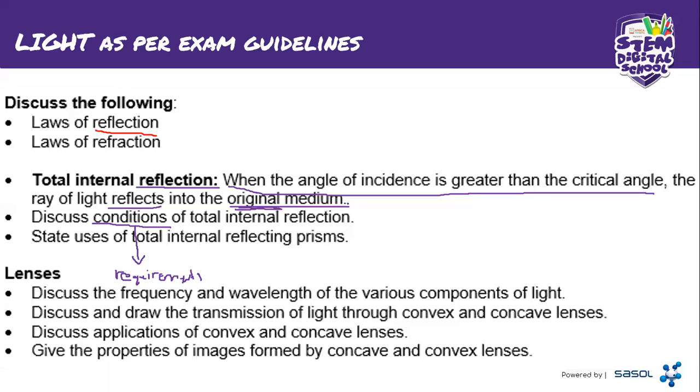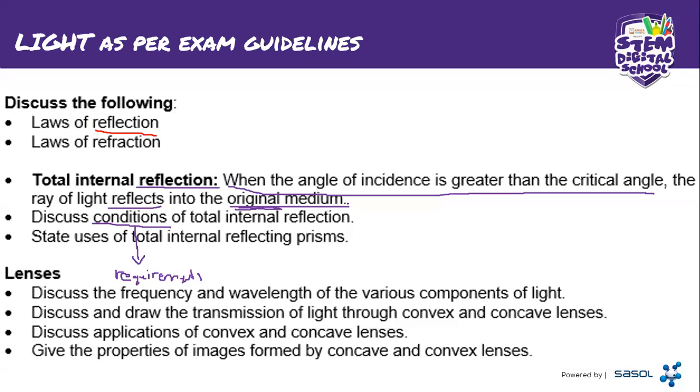The second condition will be that the light ray must be coming from an optically denser medium, or let me put it this way, it must be coming from a more optically dense medium to a less optically dense medium.